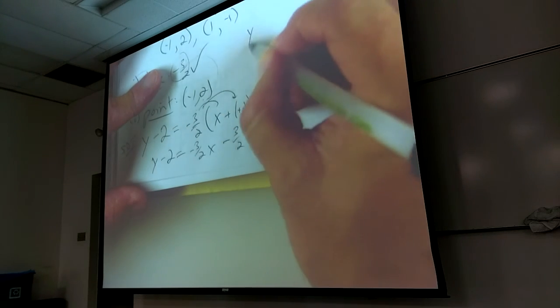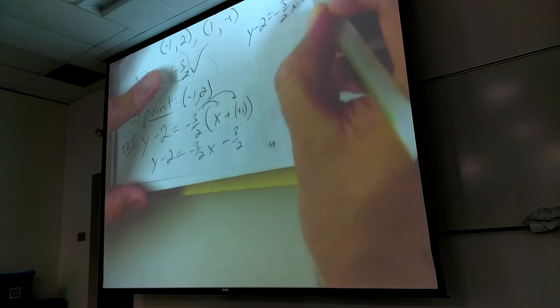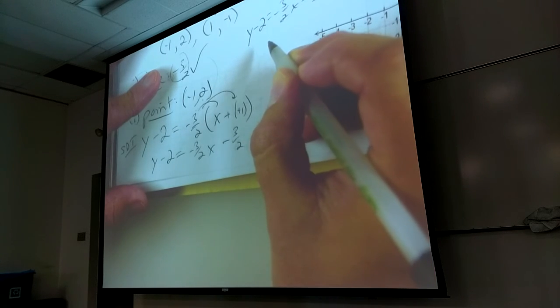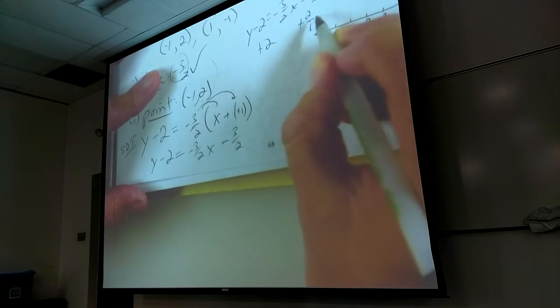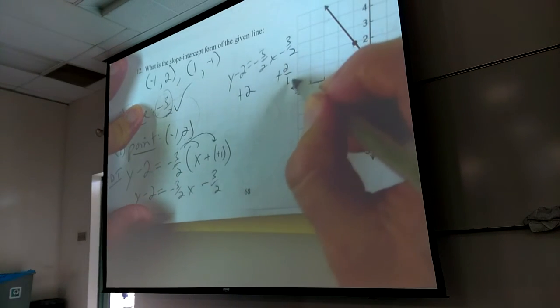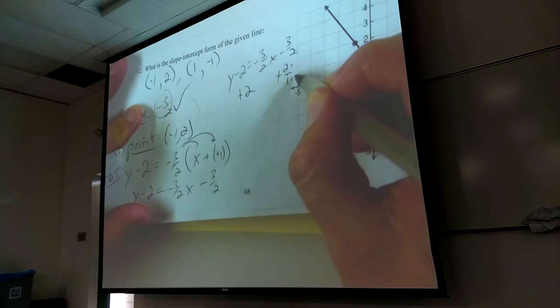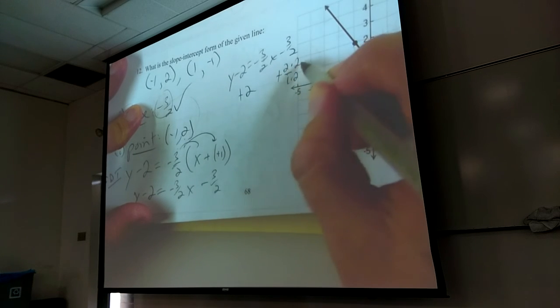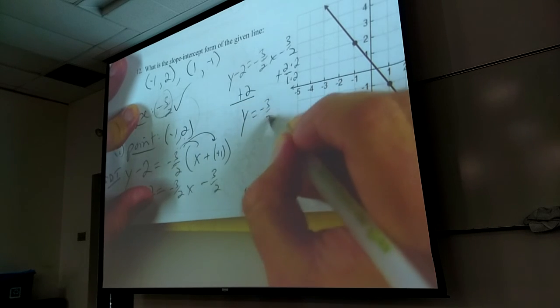Let me write that up here. Now I have to do what? Add 2. To get an LCD, I have to multiply by 2. So we get y equals negative 3 halves x.